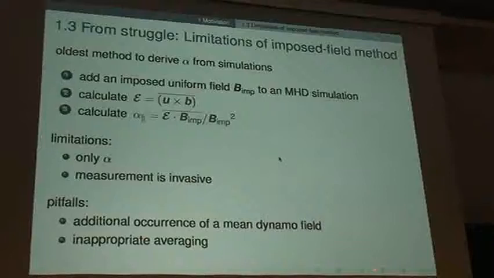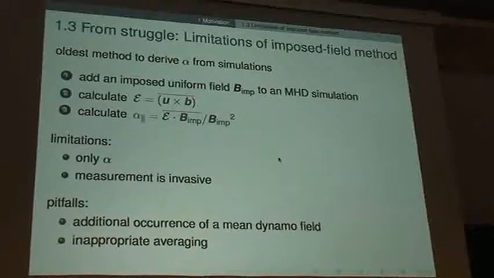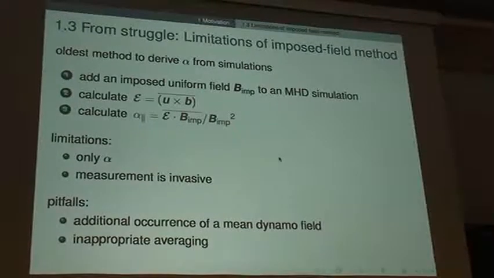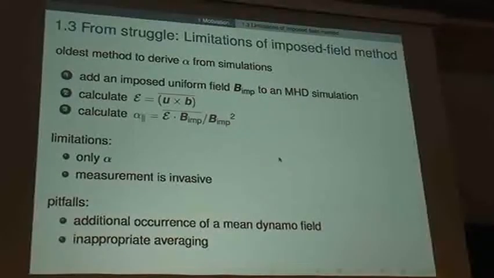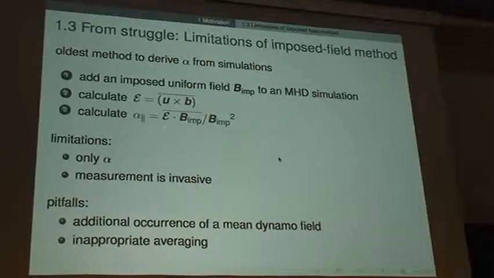Namely, in addition to the imposed magnetic field, some other mean field could occur, coming from a dynamo mechanism in your MHD simulation. If you're not aware of that, you still employ only the imposed field, forgetting the part of the mean EMF which is really coming from the dynamo-generated mean field. So this of course creates a wrong result.